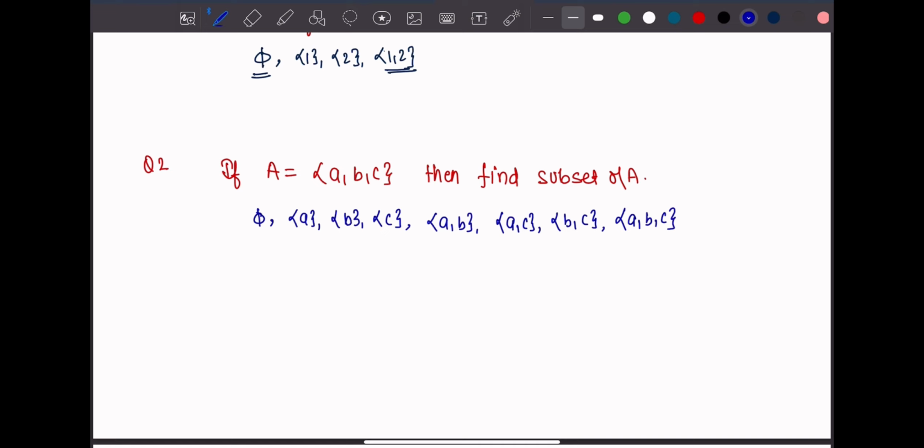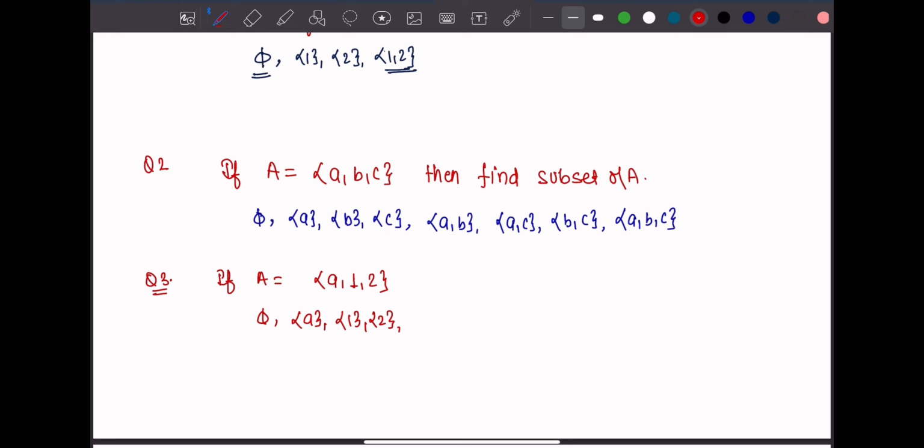These are the subsets. Let's take one more example. If we have a set A with elements a, 1 and 2, again we select zero elements, that is φ. Then we select one element, that means {a}, {1}, {2}.